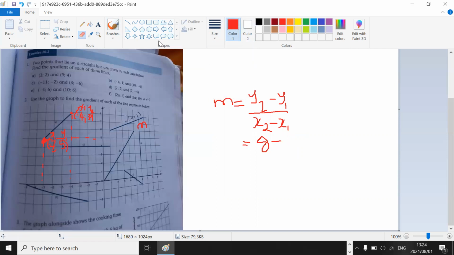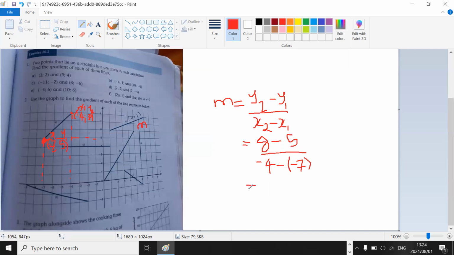So we're going to have minus 5 like this, and then we divide by the x value, which is x2 in this case. X2 is what here? -4. And then we divide by x1, which is equal to -7. Yes, very true. So this is how we go about it.